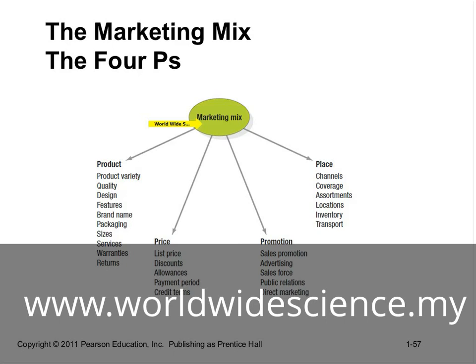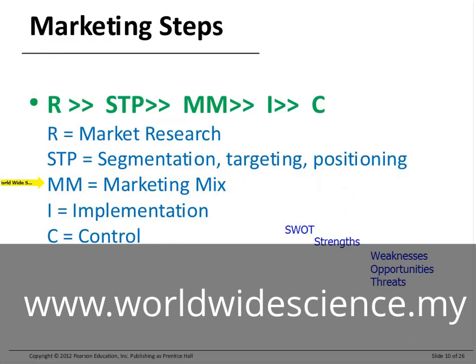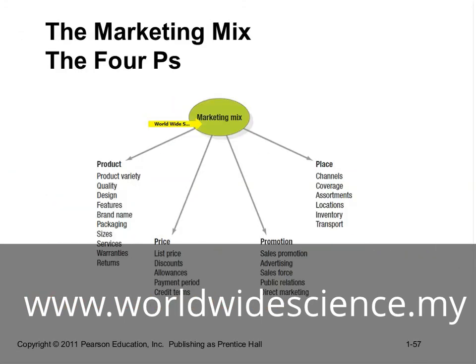This is the marketing mix, and it is a kind of marketing step. What does it mean? After segmentation, targeting, and positioning, we want to go to marketing mix. In every part of the marketing mix, we can choose a strategy and do some activities.